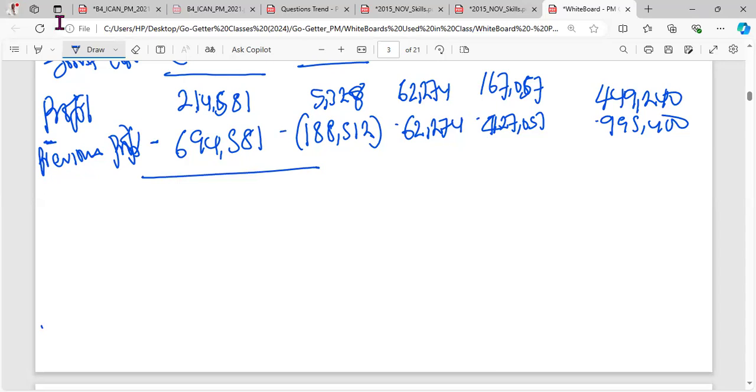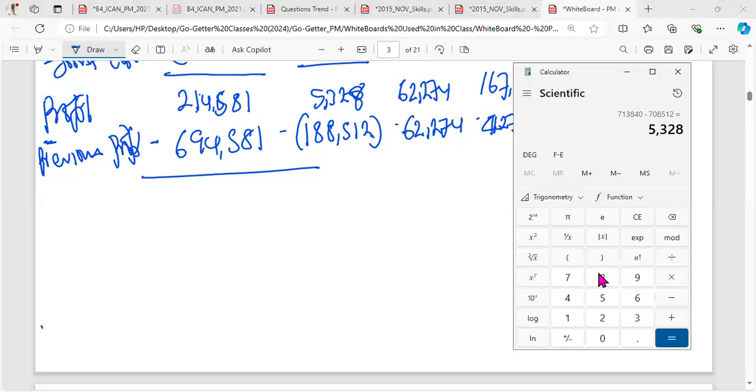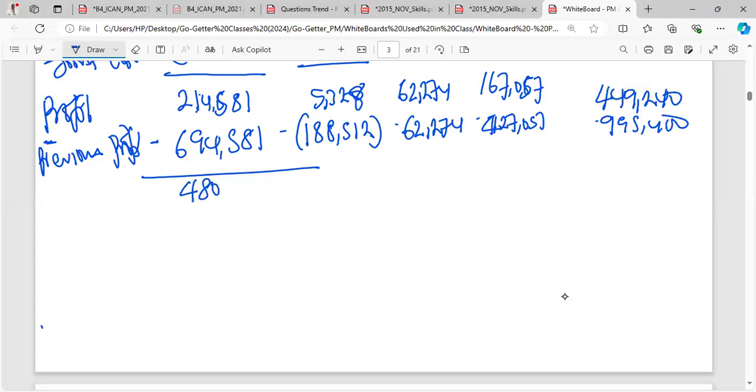I have 214,581 minus 694,581. The change is less than 480,000. This is the change in this one here.